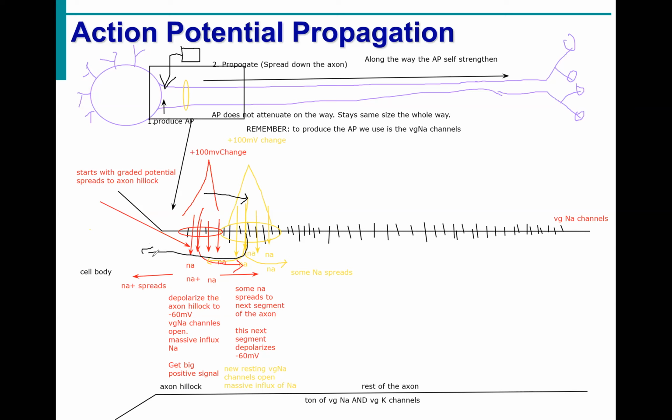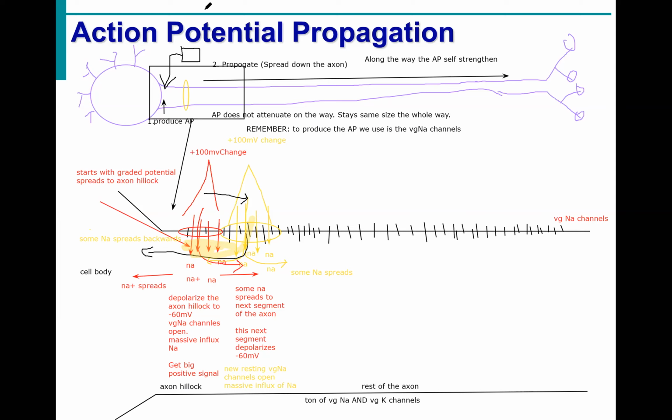Again, some sodium spreads backwards. So when it spreads back to this location right here, do I get another action potential at this point and they just bounce back and forth between these two locations?